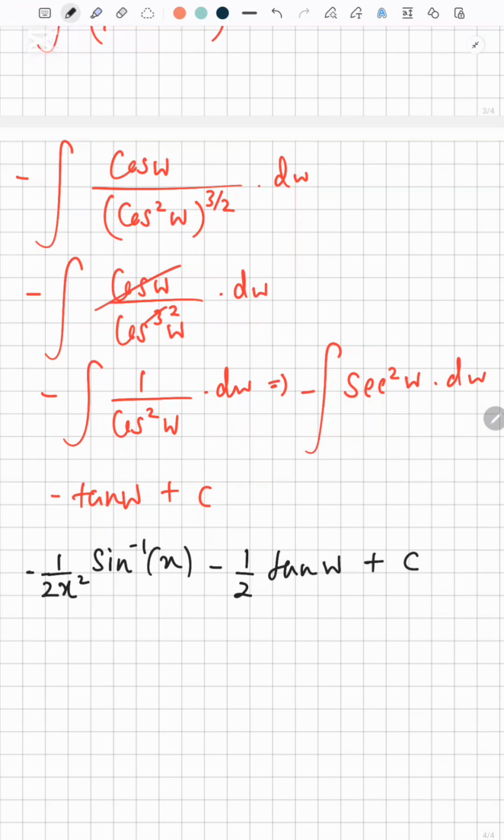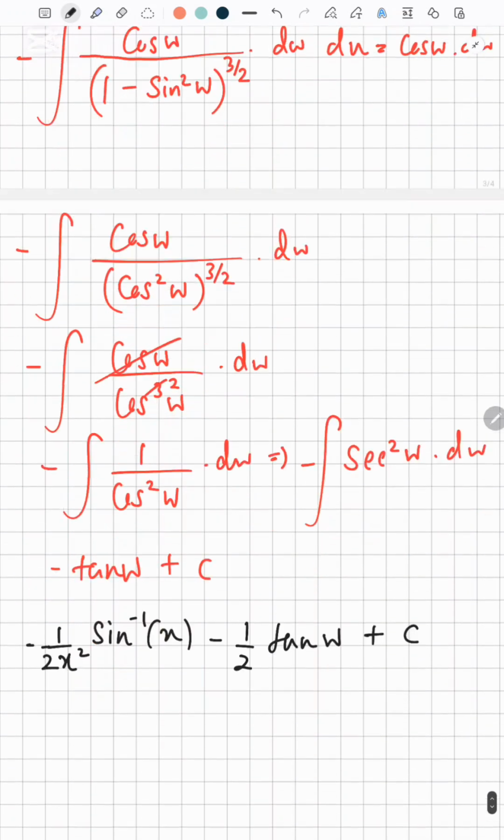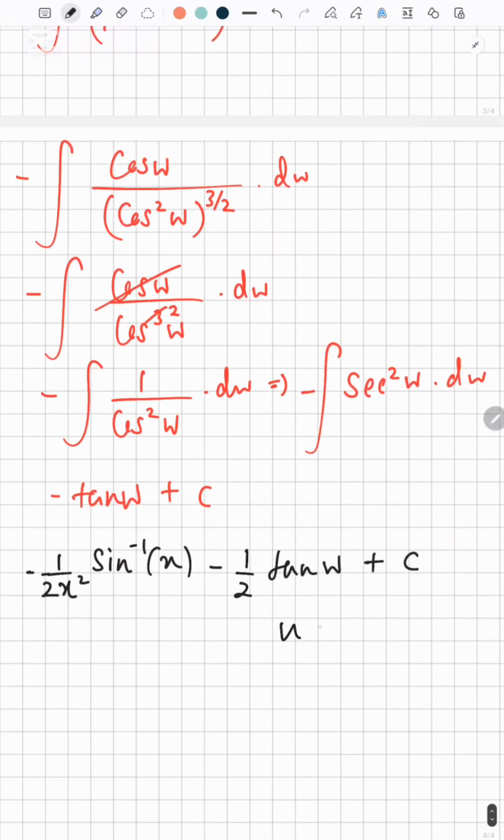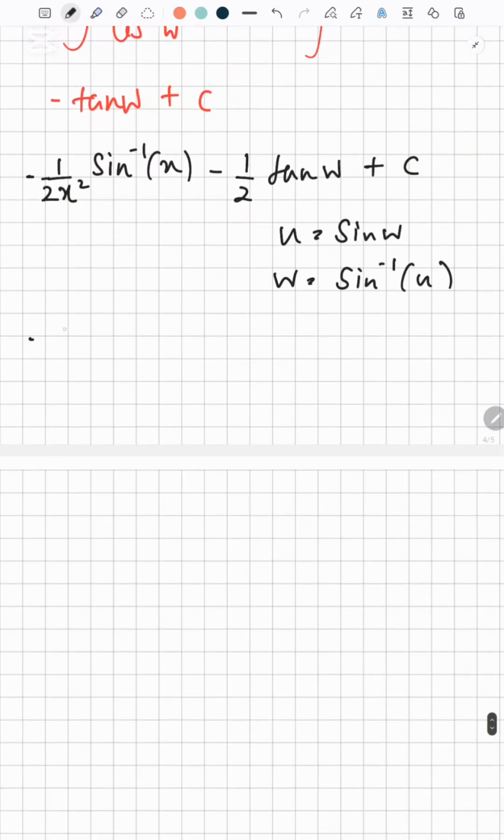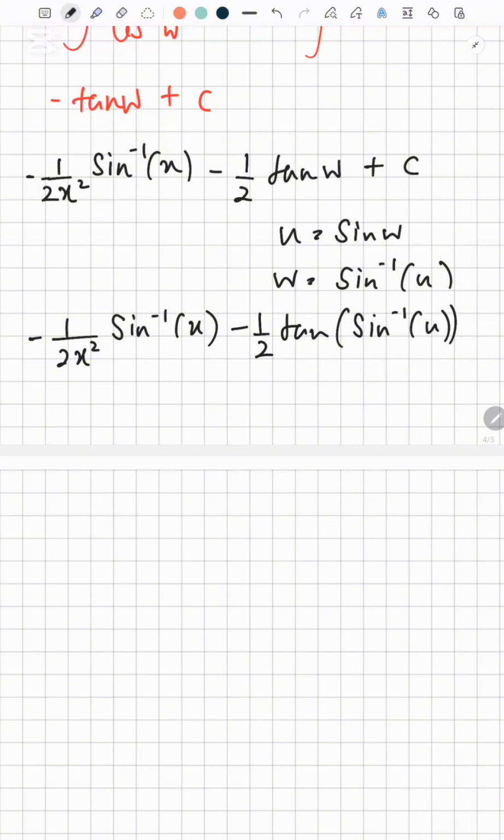So w, we took the substitution. So we have u equals sine w, right? So w equals sine inverse u, right? So minus half 1 over 2x squared into sine inverse x minus half tan sine inverse u plus c.